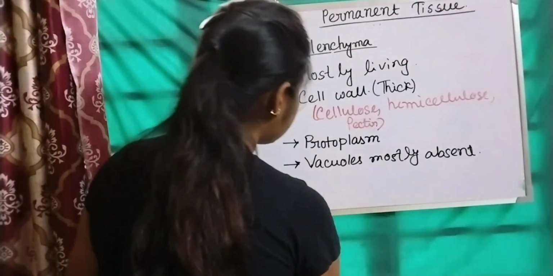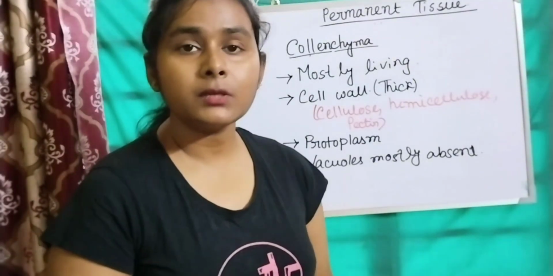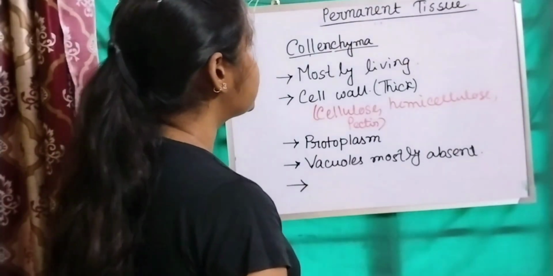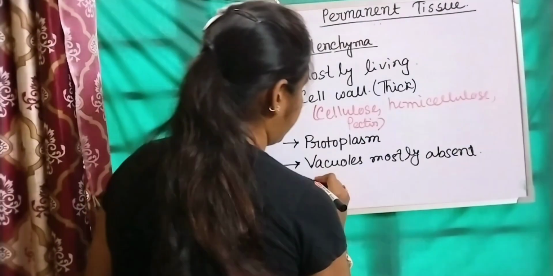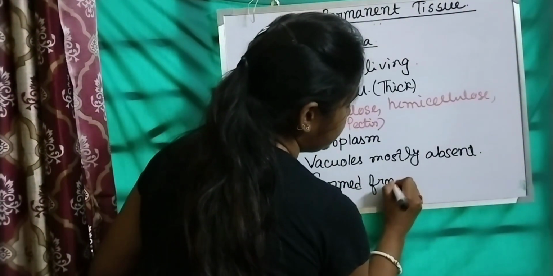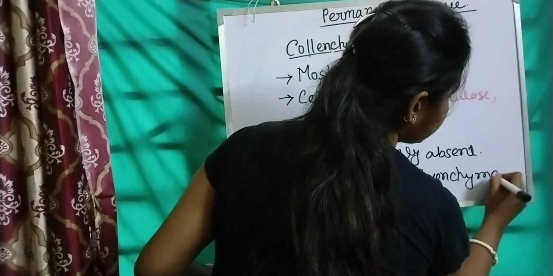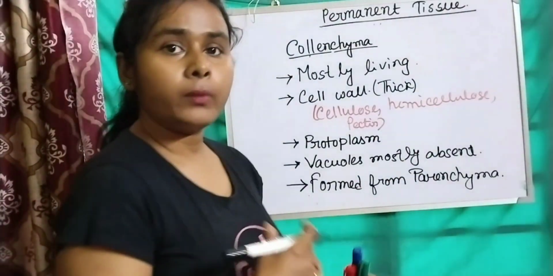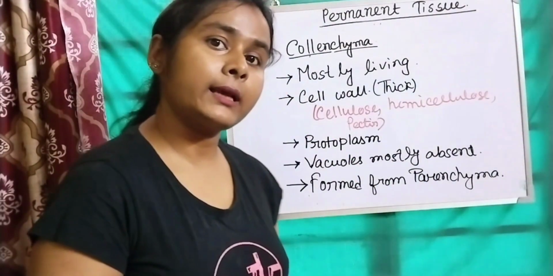Next, this collenchyma tissue is formed from parenchyma tissue. You know, day by day, whenever the parenchyma tissue matures, it will form the collenchyma tissue.